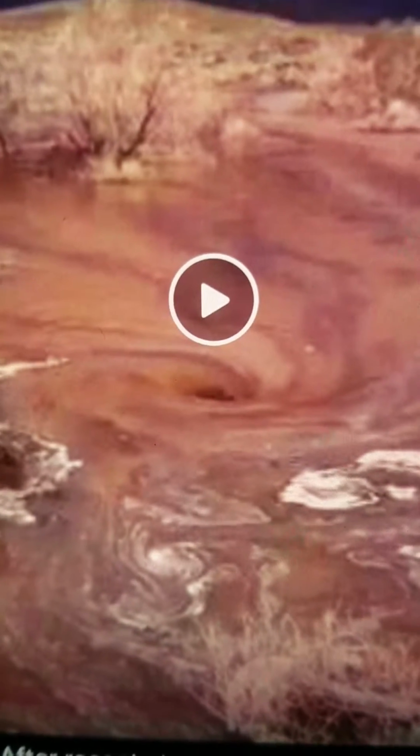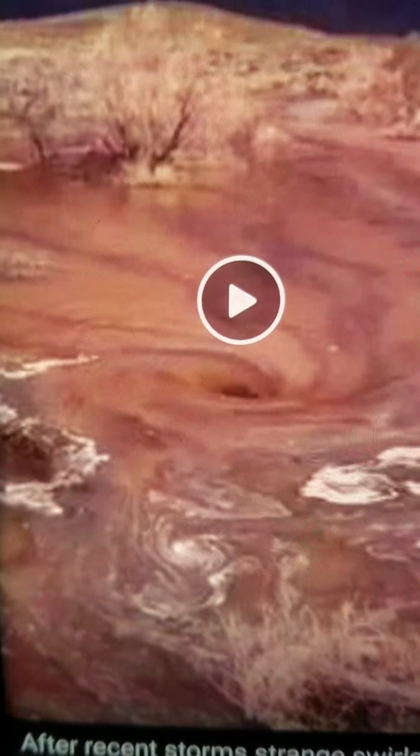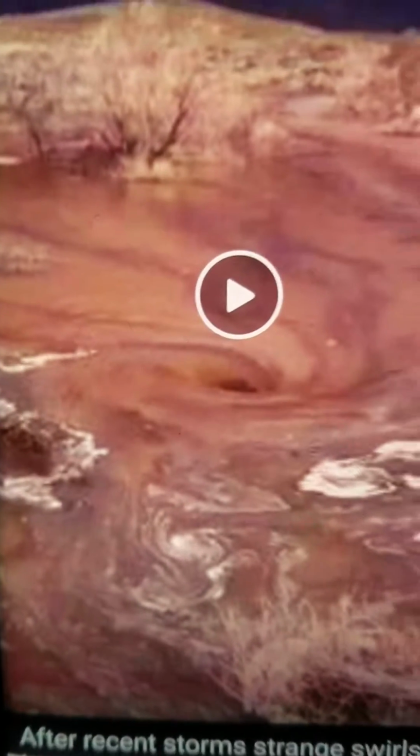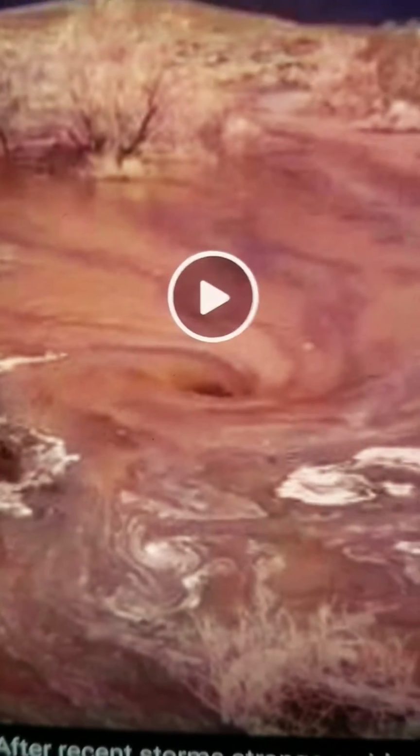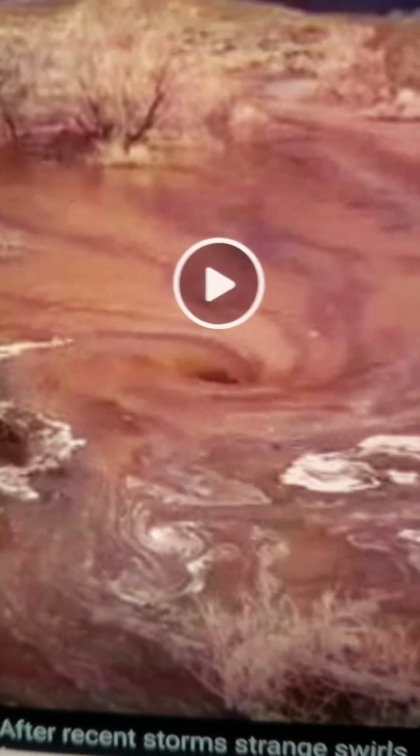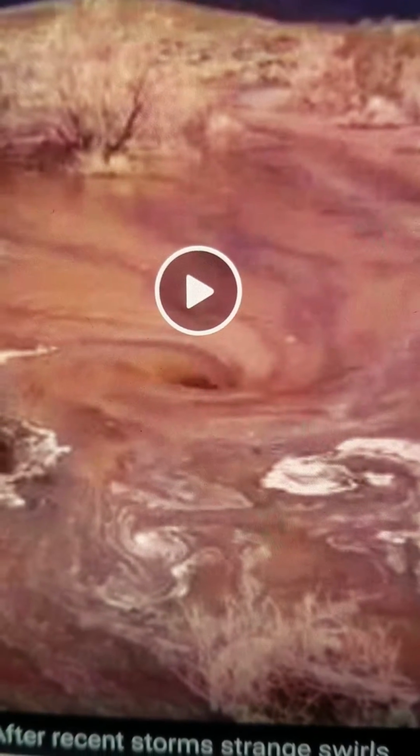The Coriolis effect states that all natural whirlpools should be spinning in the same direction north of the equator, as long as it's unmanipulated. And these whirlpools are clearly unmanipulated. Look at the direction that one's going. That one's spinning left to right. These are spinning right to left.